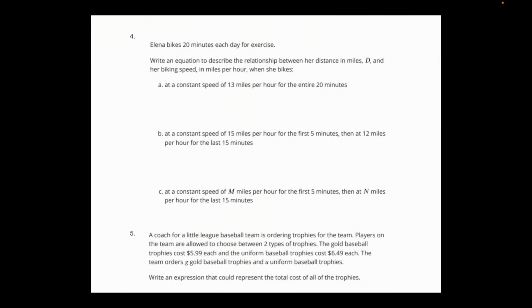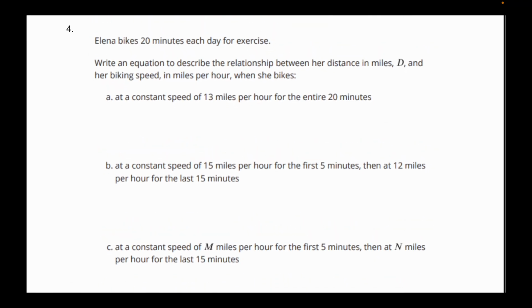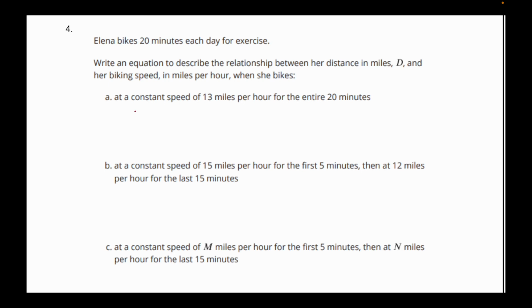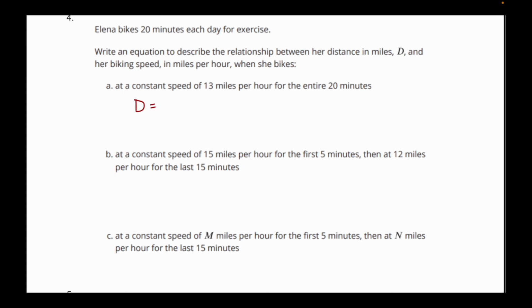So if we keep going, we're going to have question 4 here, and this is Elena. She bikes 20 minutes each day for exercise. We want to write an equation to describe the relationship between her distance in miles and her biking speed in miles per hour. So when she bikes 20 minutes each day for exercise, her distance is going to equal a rate times a time, but this is going to be in miles per hour.